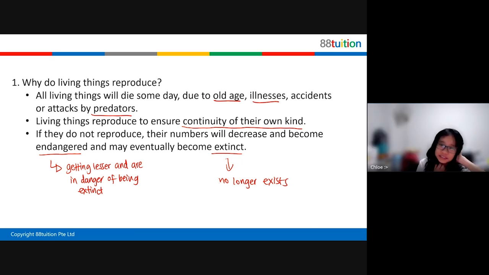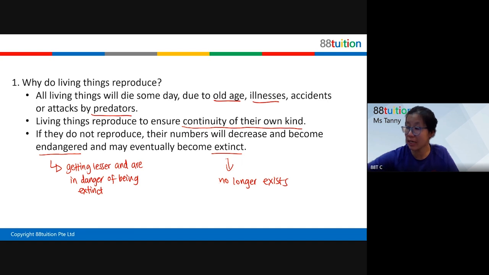Oh yeah. So they are examples of endangered animals. They are the pandas. That's why we are very careful with these animals. We take great care of them. So that's why we reproduce: to ensure continuity of our own kind, so that we will not become endangered and eventually become extinct.